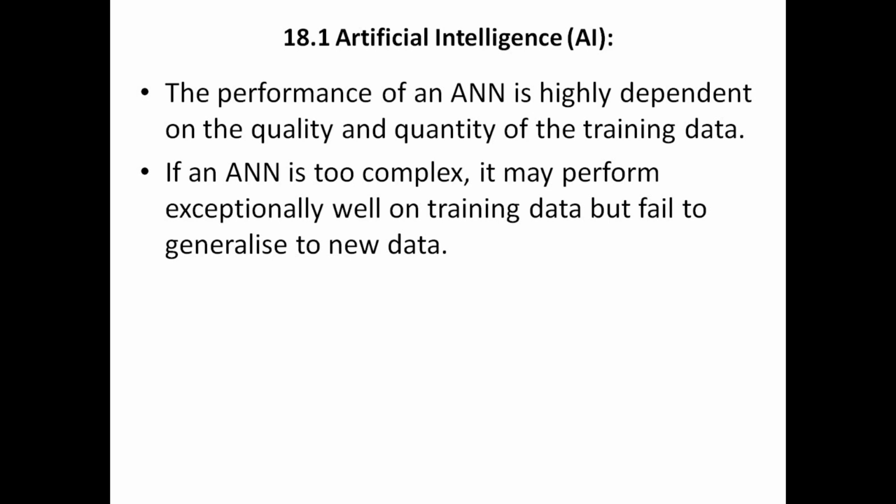The performance is highly dependent on the quality and quantity of the training data. If the training data is not of optimum quality, the network you make will not perform well either. If an artificial neural network is too complex, it may perform exceptionally well on training data, but it might fail to live up to expectations when it encounters newer data.